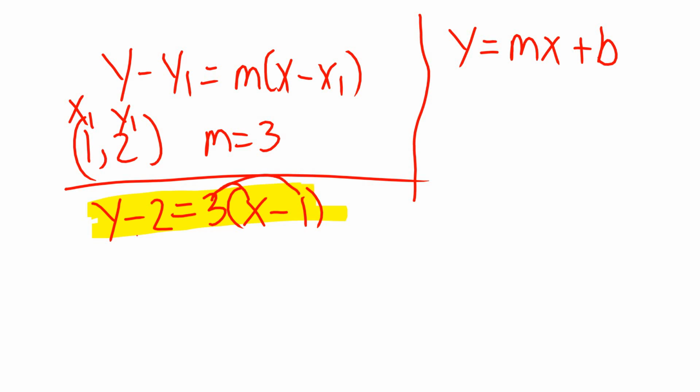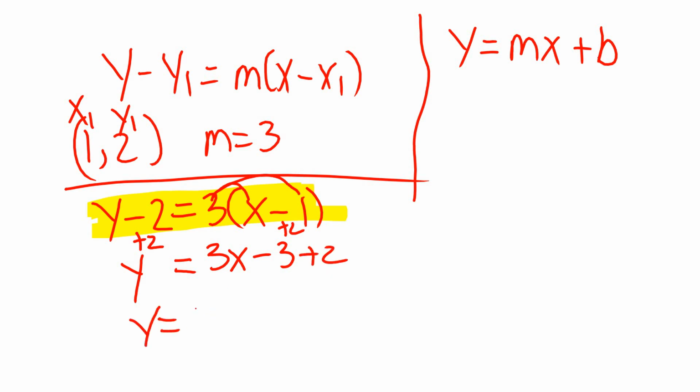So, let's do that. What is 3 times x? Well, that's 3x. What is 3 times negative 1? Well, that's negative 3. Now, if you want it to be slope-intercept form, y needs to be by itself. In other words, you've got to add 2 to both sides. So we get y equals 3x minus 3 plus 2.